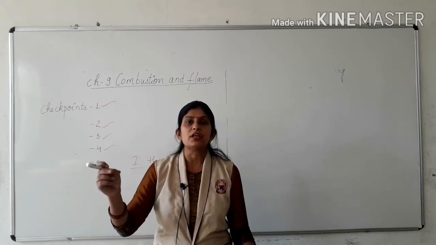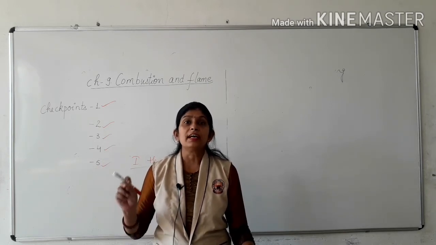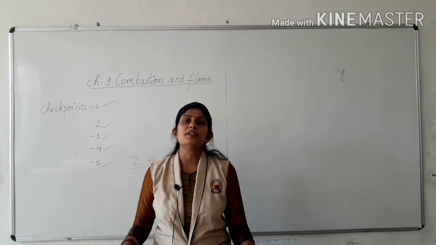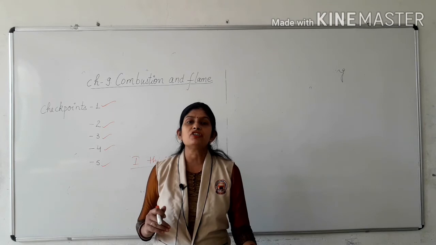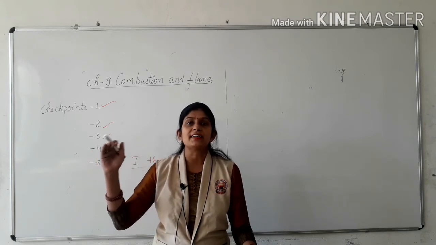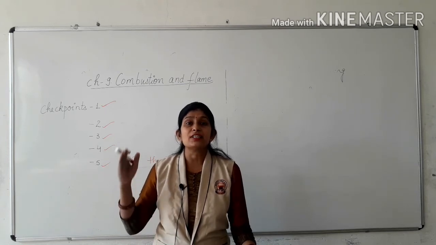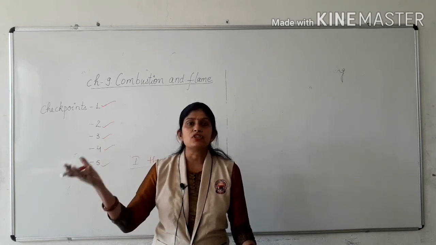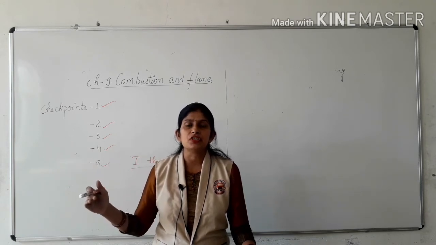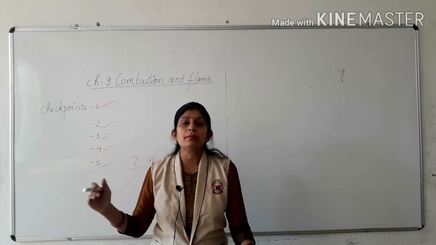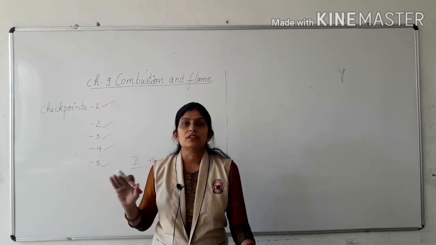Now its temperature becomes less than its ignition temperature, where it cannot continue burning, because ignition temperature is the minimum temperature at which a substance catches fire, starts burning. Now due to water acting as a coolant, the temperature of the burning substance is less than its ignition temperature, so it will stop burning.